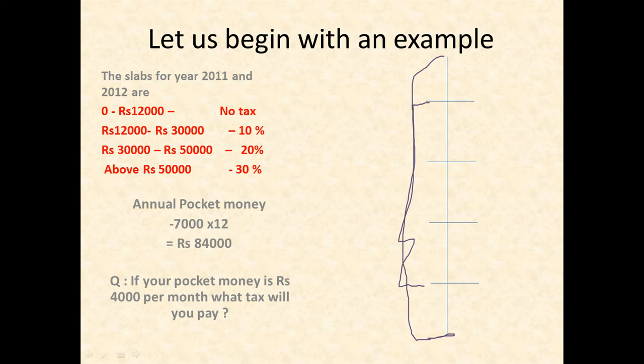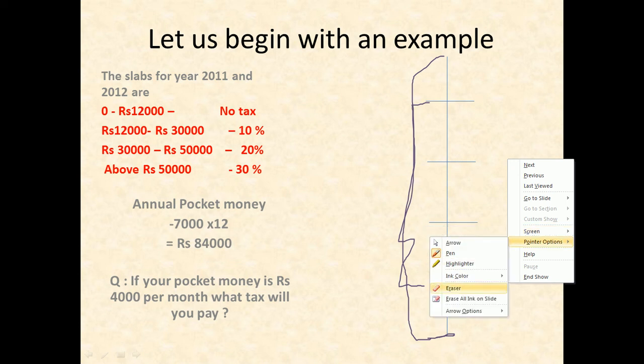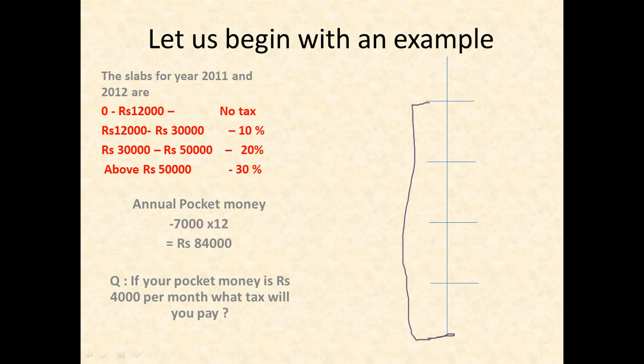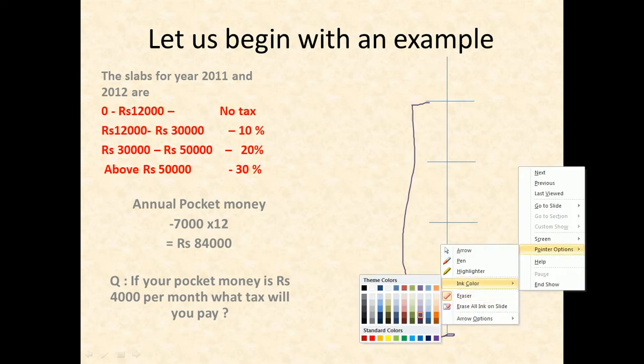Let's see if we have an eraser. I am going to erase this, and then we go back to our income.